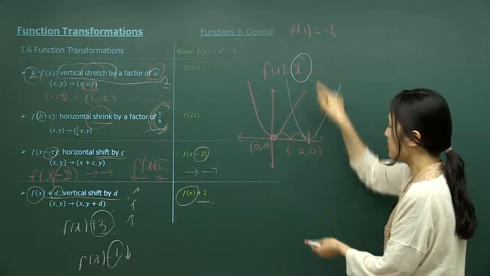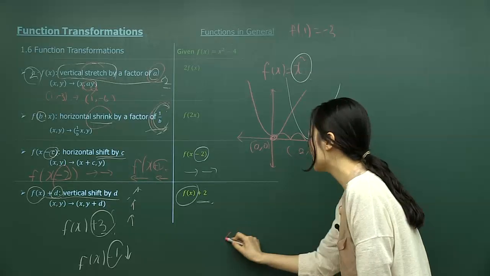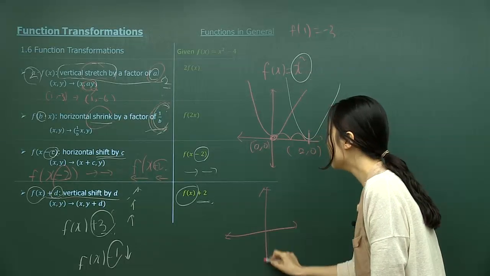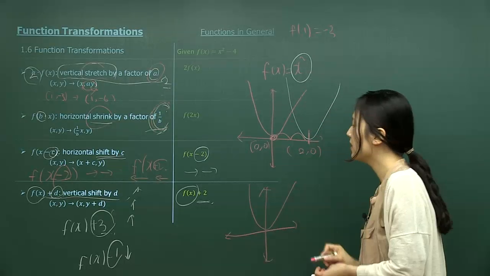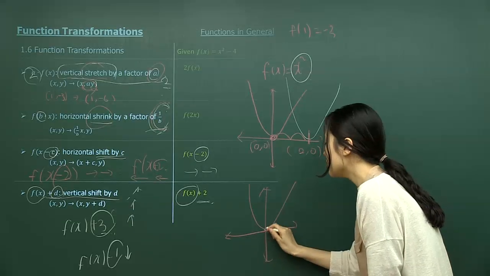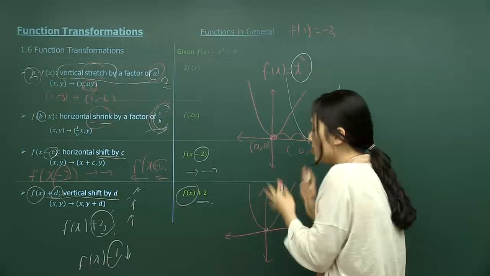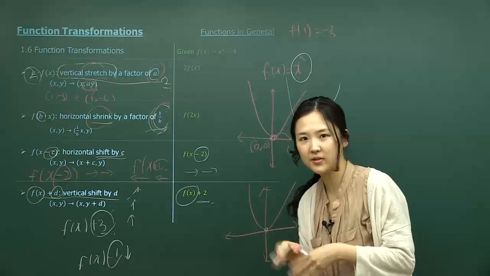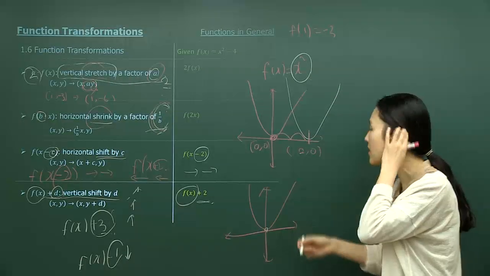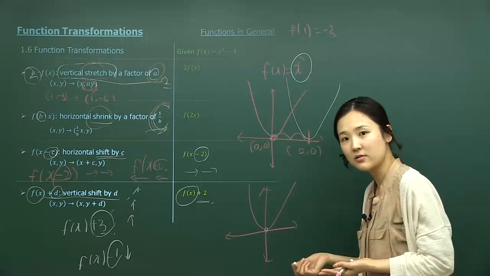So, okay, let's just use x squared. If we use x squared, when 2 is added, then your vertex, which is the easiest point for us to show people how your graph is moved. That's why we usually use the vertex or the x or y-intercepts.